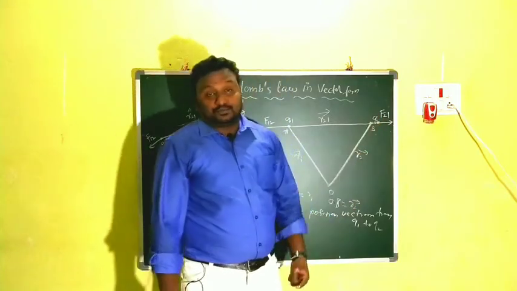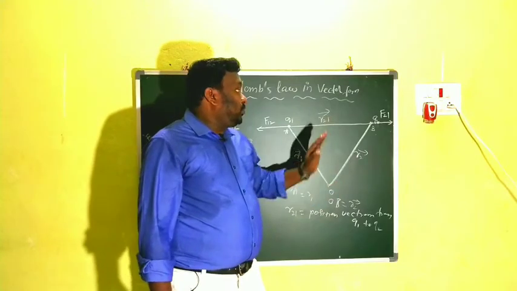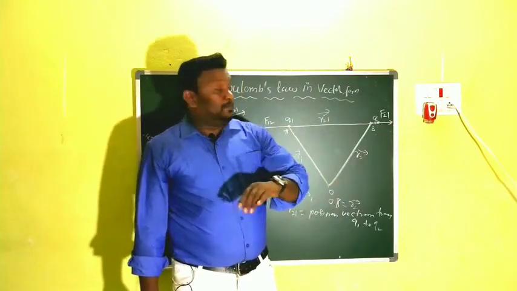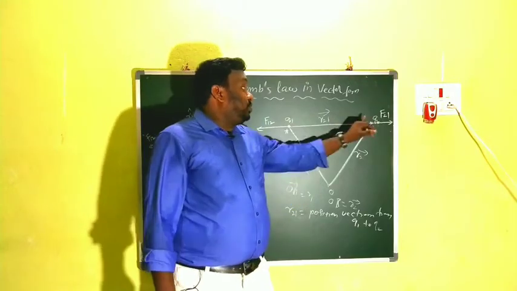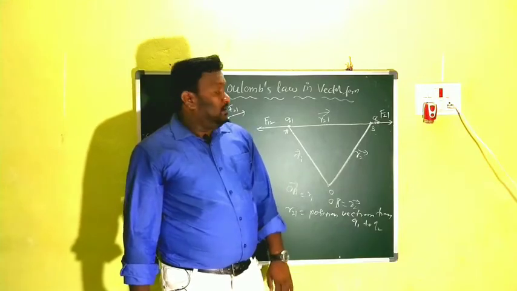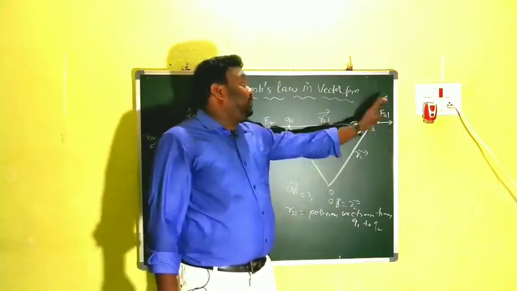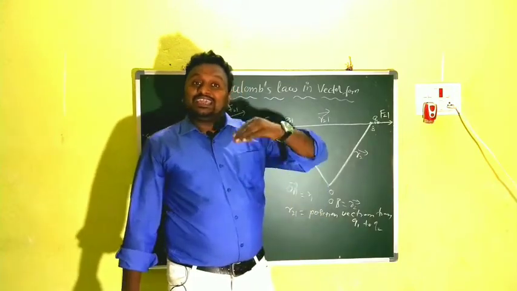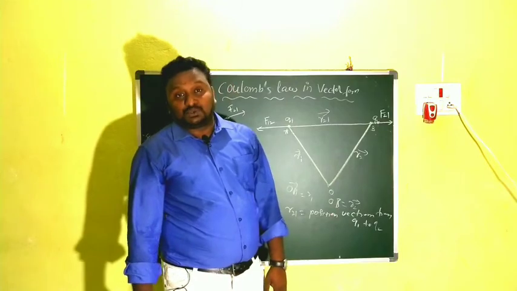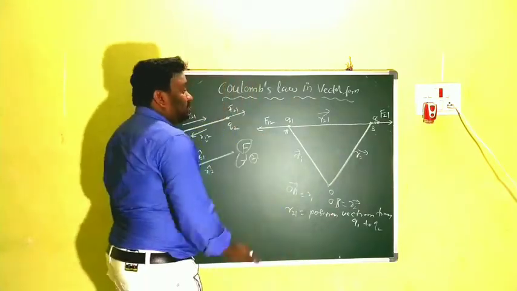And now here R21 is the position vector from Q1 to Q2. If you take Q2 to Q1, it is R12.